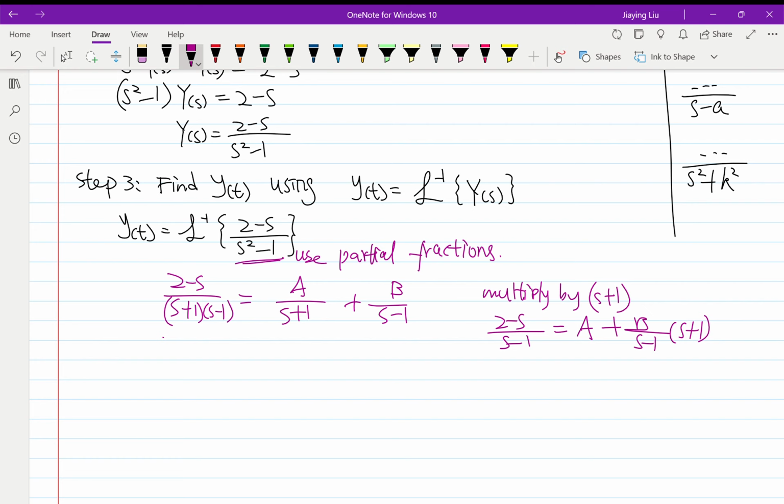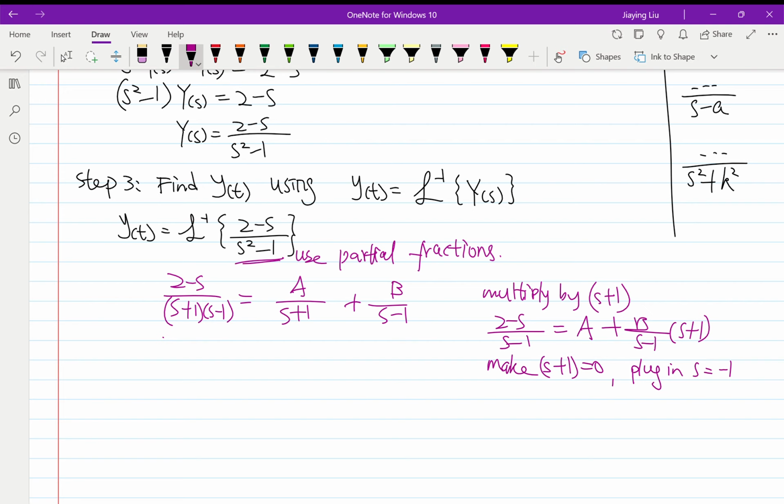And then I'm going to plug in something to make s plus 1 equal 0. So I'm going to plug in s equals negative 1. If I do that, the a term by itself doesn't change.